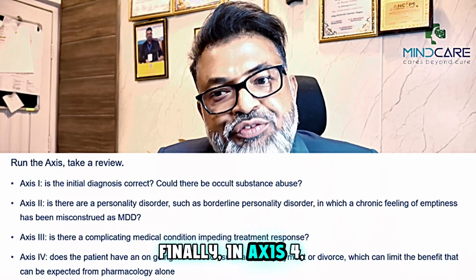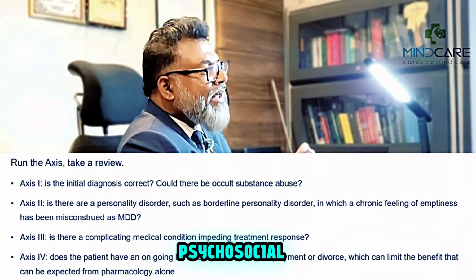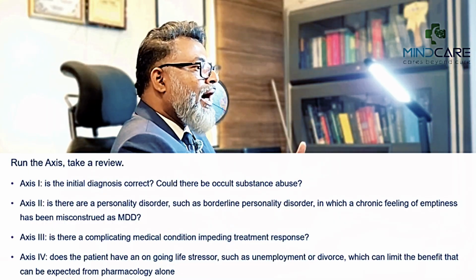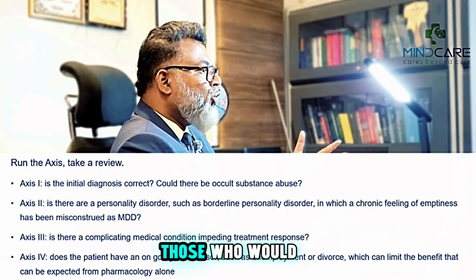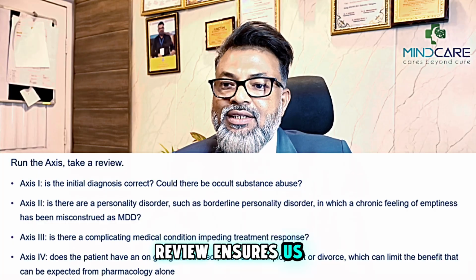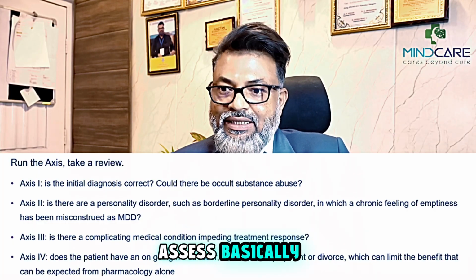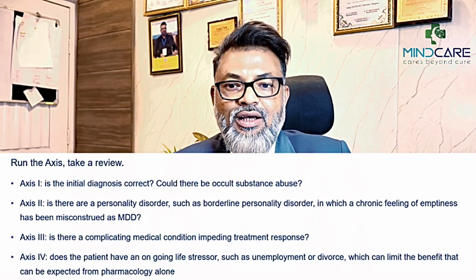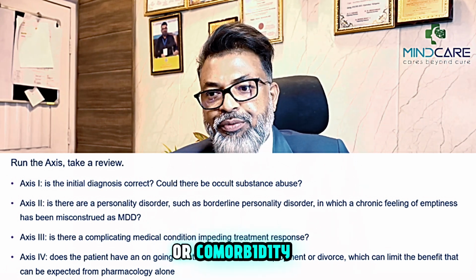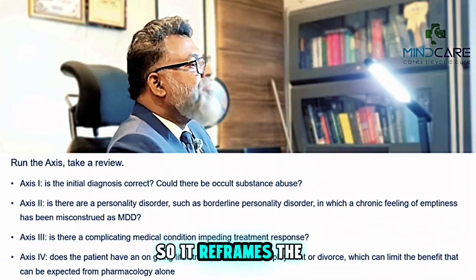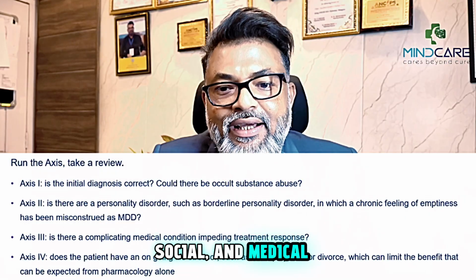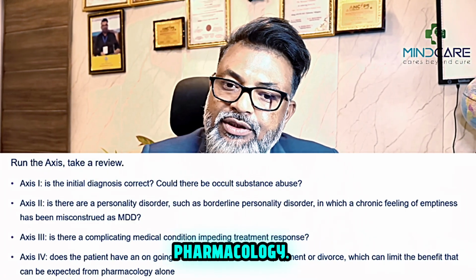Finally, on axis 4, we should look at psychosocial stressors such as financial strain, divorce, or unemployment. Those could lie beneath. This systematic review ensures we assess whether the residual symptoms are simply masked signs of misdiagnosis, comorbidity or a psychosocial driver. It reframes the management to include psychological, social, and medical intervention alongside pharmacology.